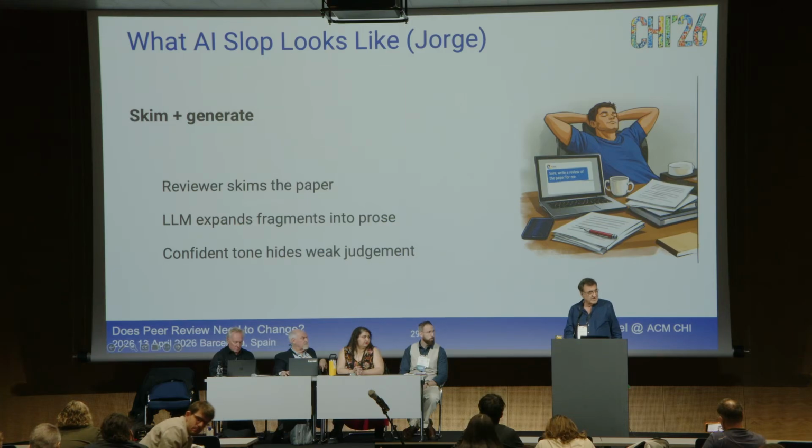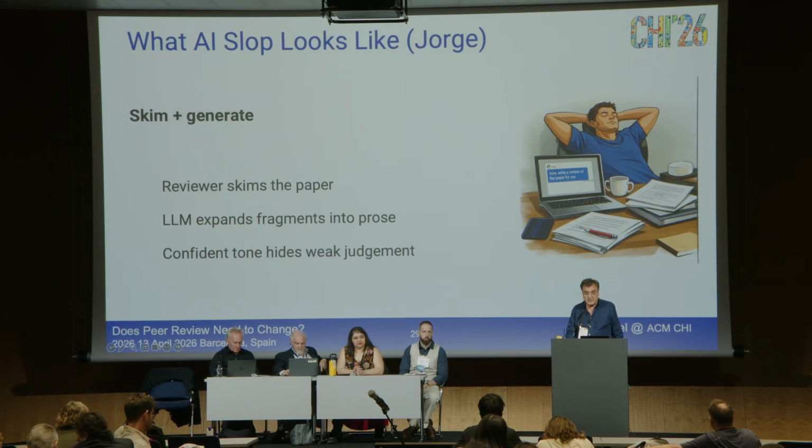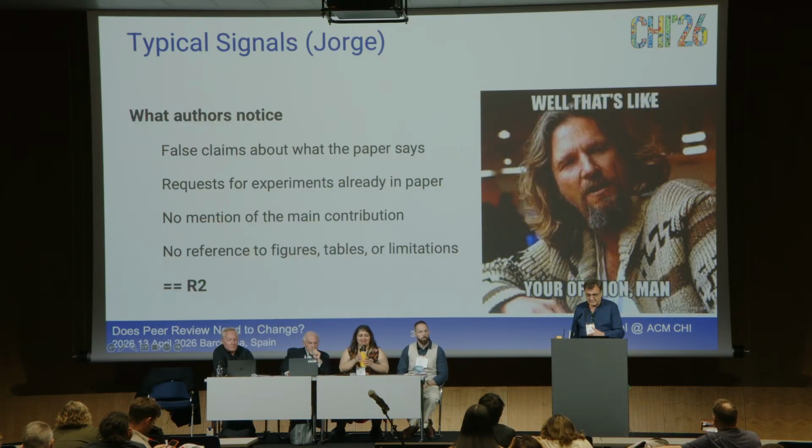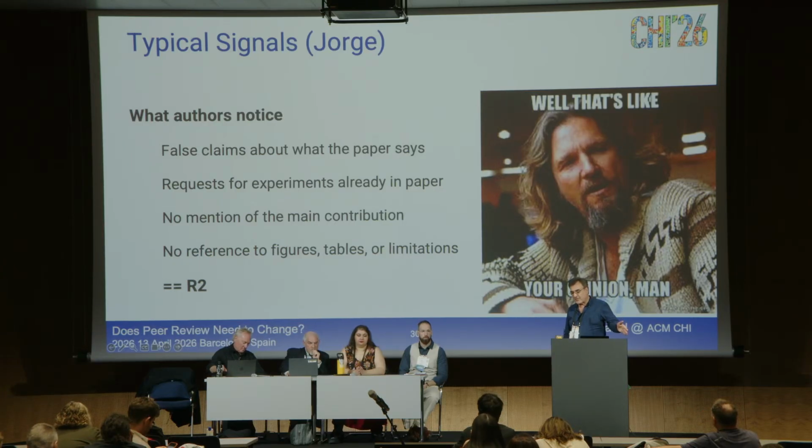Maybe the LLM can improve the tone of the review, but does it improve the validity of the claims, for the reviewers or the authors? What authors notice from this is that you get false claims about what the paper says. This seems, oh, wait a minute, this was my neighbor's paper. Or requests for experiments that are already in the paper. No mention of the main contribution, no reference to figures, tables, or limitations.